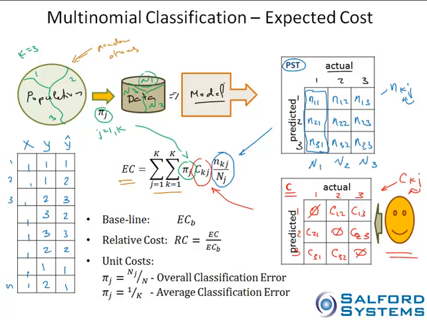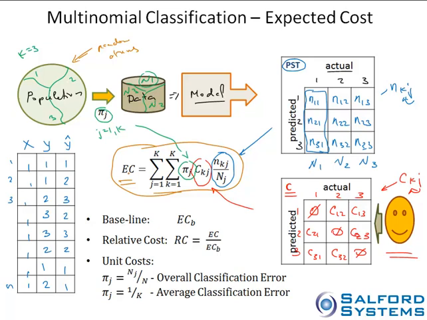So whenever you apply your model to the sequence of random draws from the population, where classes are represented by these priors, you will end up with these random events. Each event has its cost. The expected cost happens to be the average of those, and this formula here gives you a direct and nice estimator of that expected cost based on the observed model performance on the given data set.